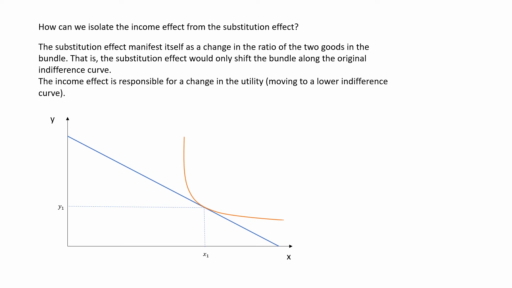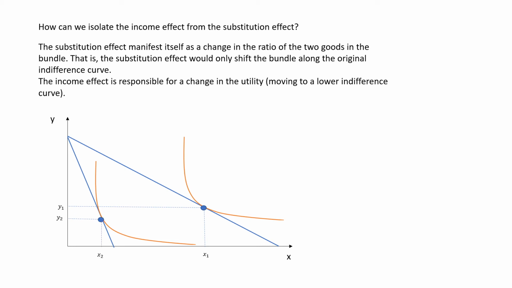In the original situation, the agent is going to use a bundle composed of x1 and y1. Now, there is an increase in the price of the good X. At this particular price change, with such a reduction in the real income, the original indifference curve cannot be reached anymore.